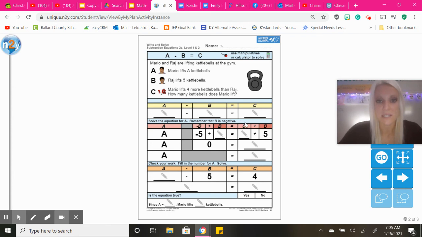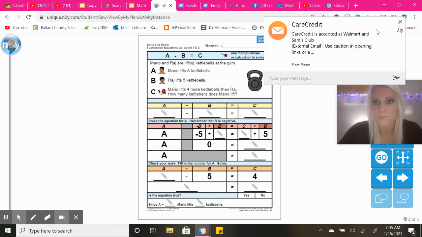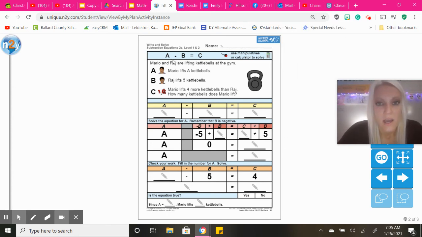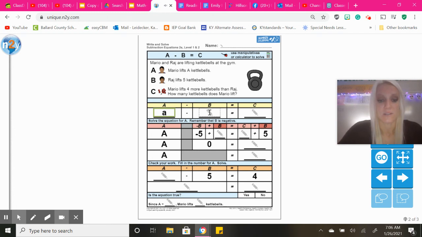Okay, your next box here, we are working back to subtraction. So Mario and Rashad are lifting kettlebells at the gym. Mario lifts a kettlebell, so we don't know what A is. So A is going to be A. Rashad lifts 5 kettlebells, and he is B. So B is going to be 5. And C is Mario lifts 4 kettlebells more than Rashad.